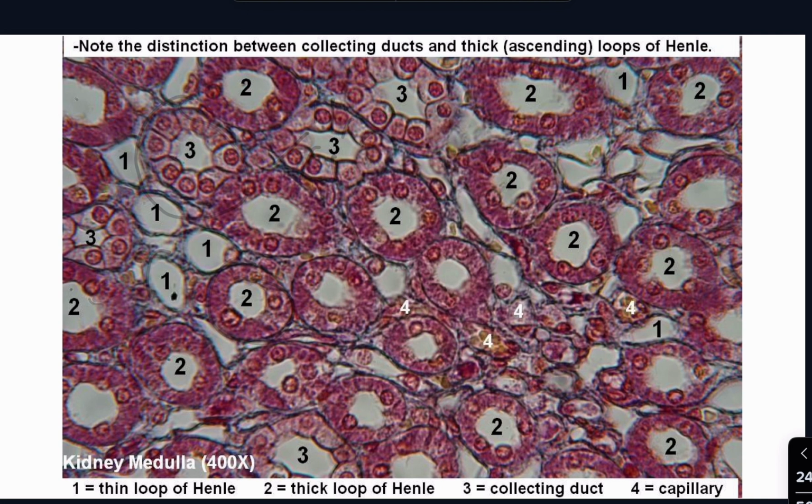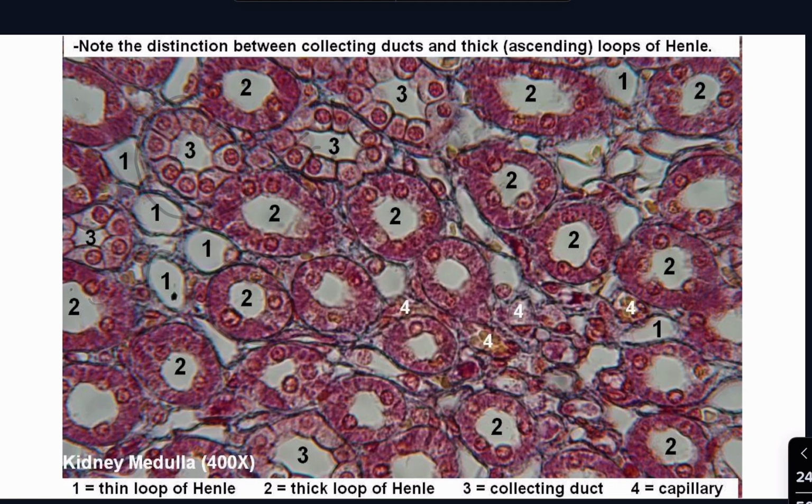And actually, here's a nice little representation of what I'm talking about. At the bottom here, you can see a numerical indication of what we're looking at. There's definitely a distinction between the collecting ducts and the thick and thin descending loops of Henle, and the capillaries. You can look at those for your own interest.